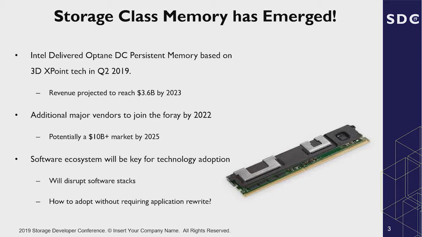And we expect this to be a new significant market over the next 5 years. I think there have been some industry analyst predictions that by 2023, Intel will sell $3.6 billion of their 3D crosspoint storage class memory.